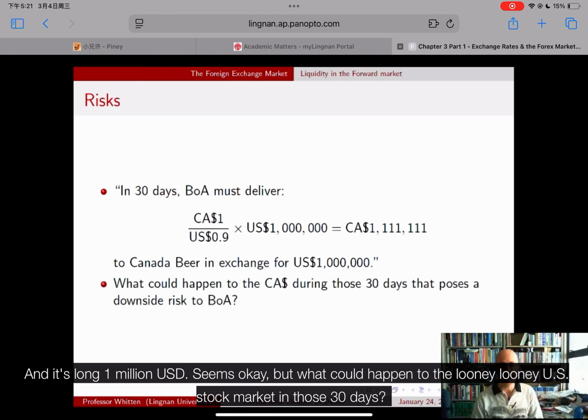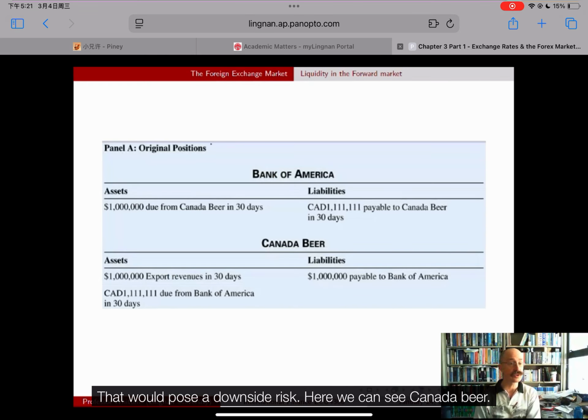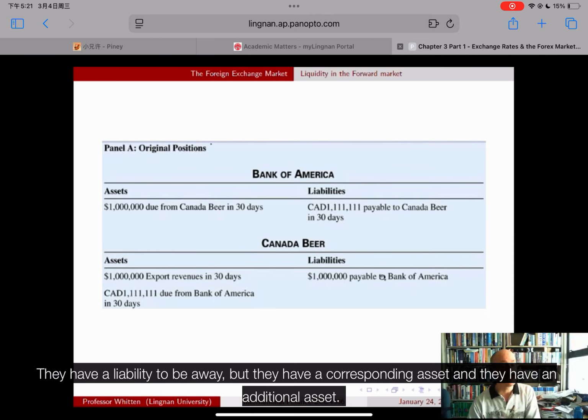Seems okay, but what could happen to the loonie US dollar market in those 30 days that would pose a downside risk? Here we can see Canada Beer has a liability to BOA, but they have a corresponding asset, and they have an additional asset.